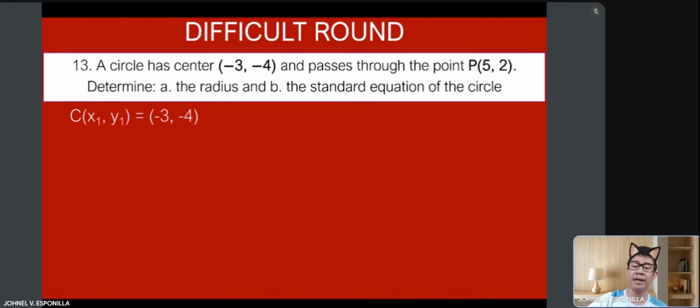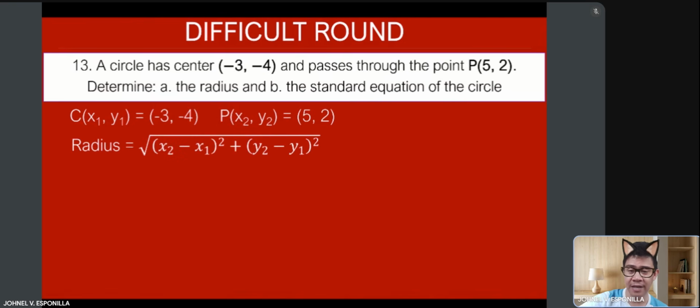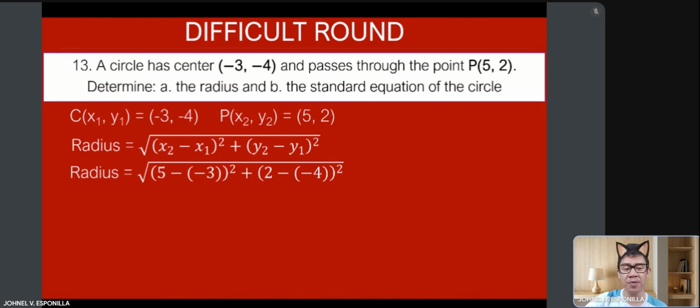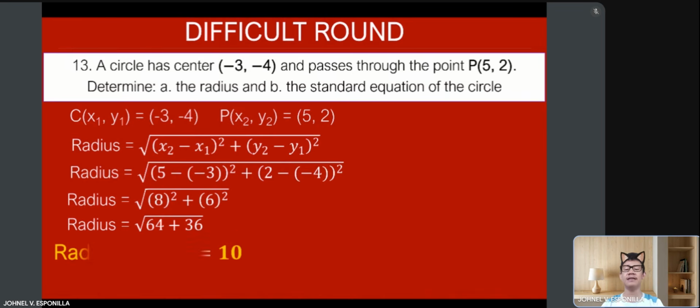So we will apply the distance formula to get the radius. The given are the center as the first point and the point P as the second point. Substitution, then simplify, add, and the radius is equal to 10. This is now the radius.